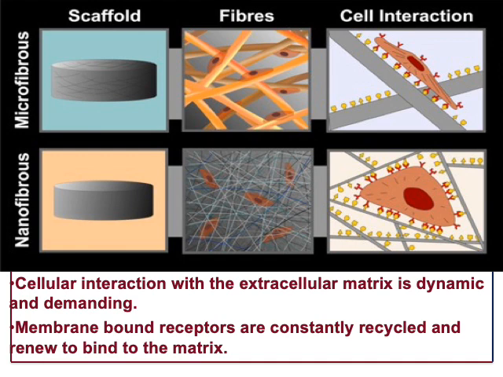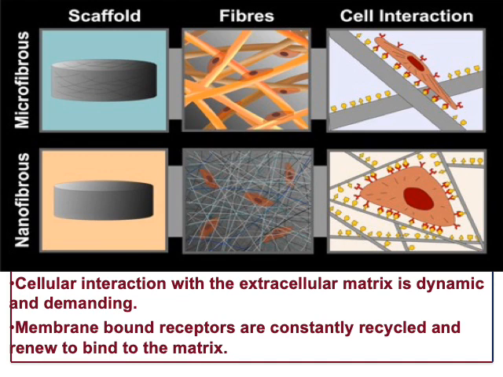Another important thing is that cells tend to attach to the structure of the scaffold in a multi-dimensional way, as you see in the very right downside image. In three-dimensional structure, they're attached to the fibers.